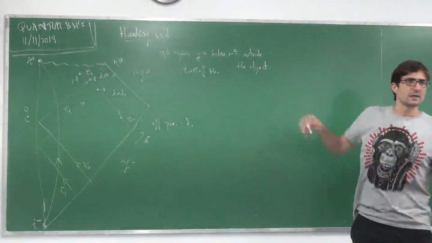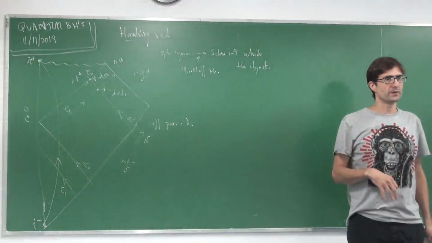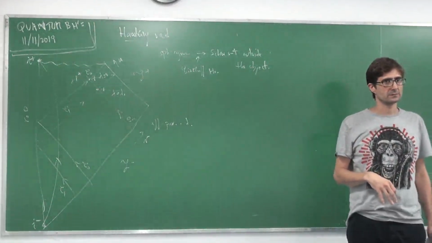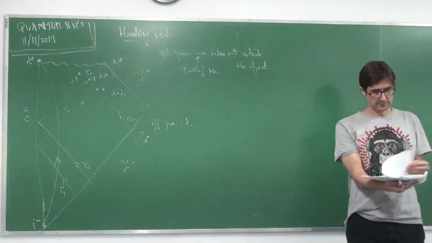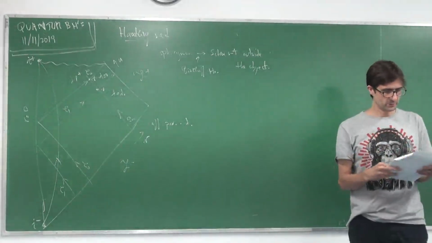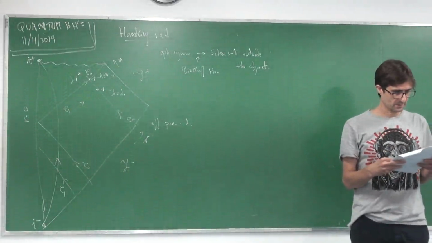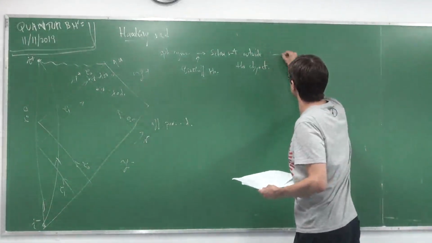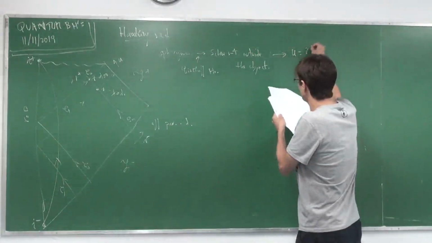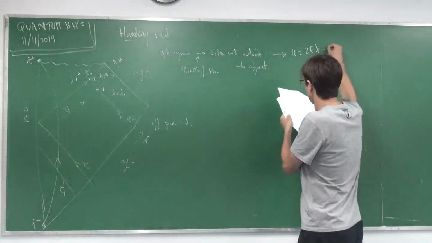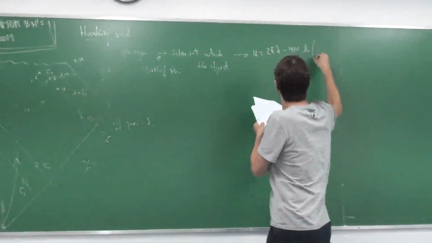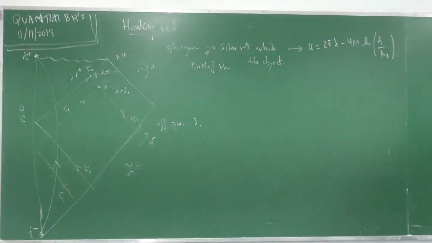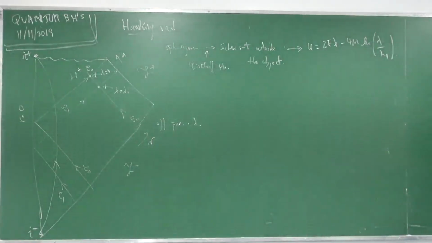So we used the equations for geodesics in Schwarzschild. And then we derived a relationship between U and lambda. So we saw that U is 2E lambda minus 4M log of lambda over k1, where E is the energy of the geodesic.